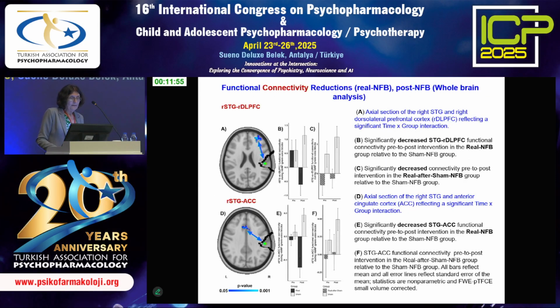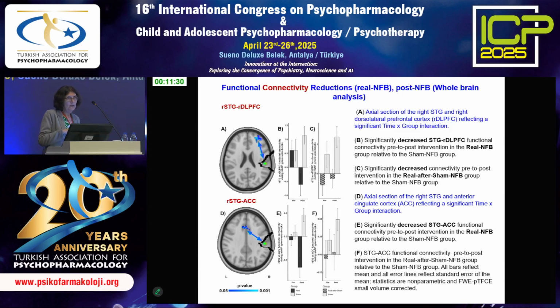Finally, for connectivity, we went back to this more prevalent effect where the changes in connectivity between STG and dorsolateral prefrontal cortex and STG and anterior cingulate cortex were observed in the real group, but not in the sham group.